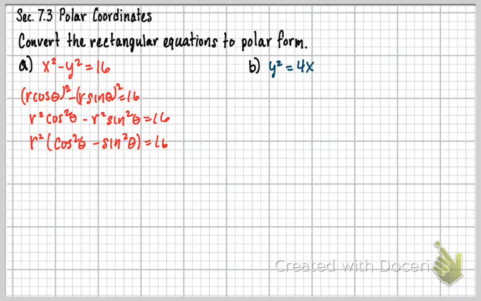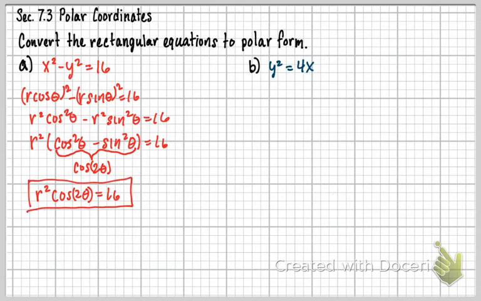If we know our identities, we know cosine squared theta minus sine squared theta is actually equal to cosine 2 theta. So what we really have here is r squared cosine 2 theta equals 16. And that's honestly the best we can do for this equation. So that's our answer right here.